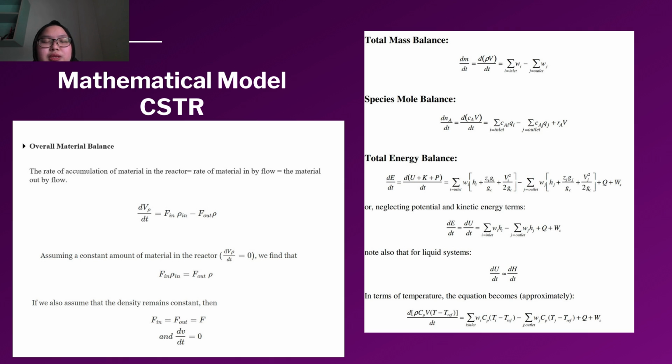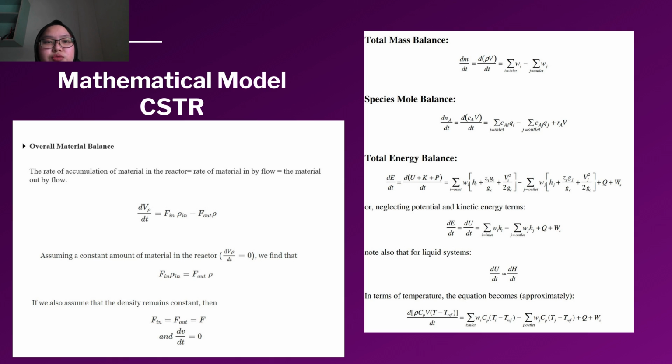So it means the flow rate in and the flow rate out are the same. Next, we assume a constant amount of material in the reactor, and also we assume the same density in the reactor.